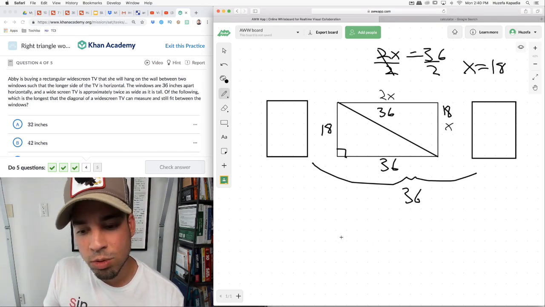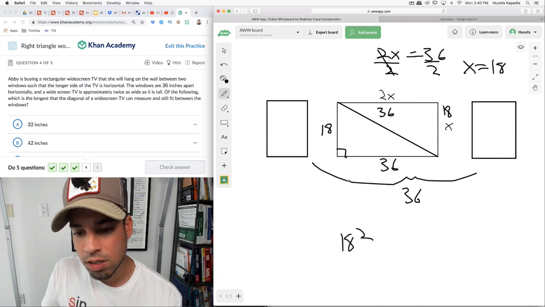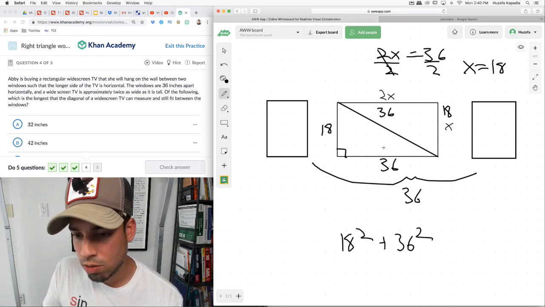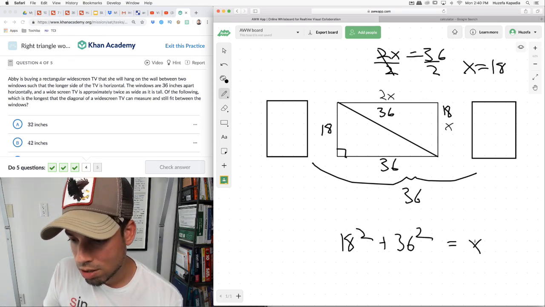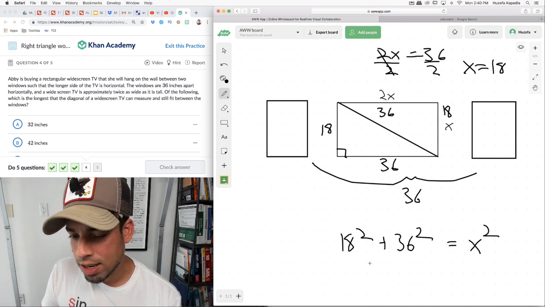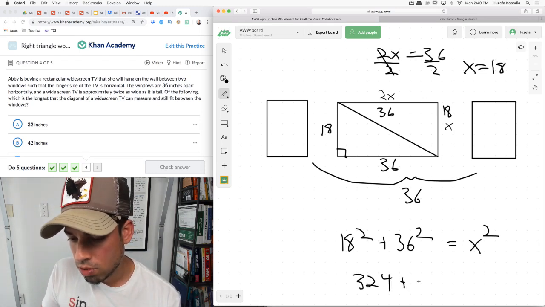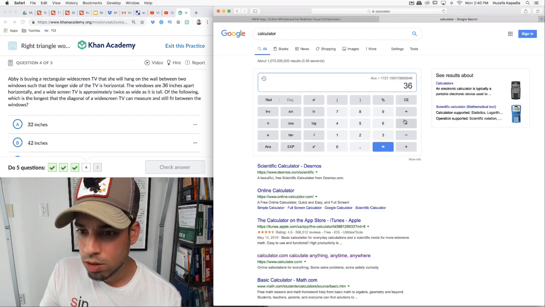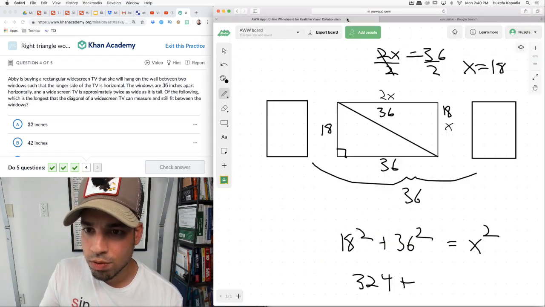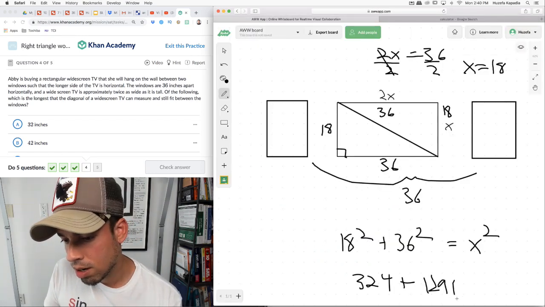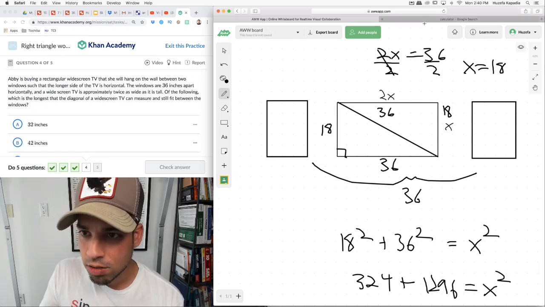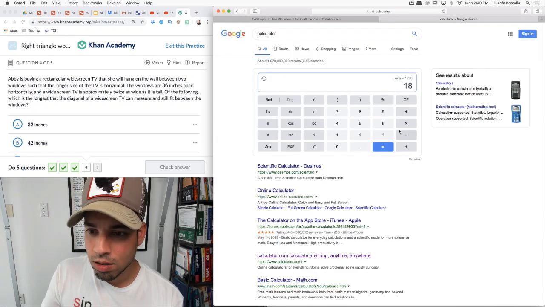So let's use Pythagorean theorem. So we got 18 squared, this guy, which is A, plus 36 squared, which is B, equals our C squared, or C value. I think 18 squared is 324. I don't know 36 squared. Squared equals 1296. And I'm going to double check the 18 squared because we don't want to mess around with that. Yeah. All right.